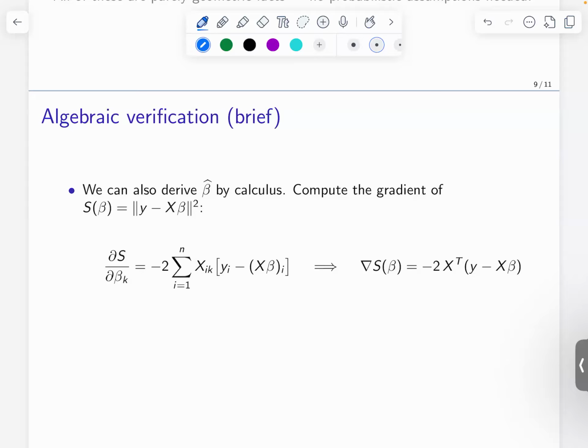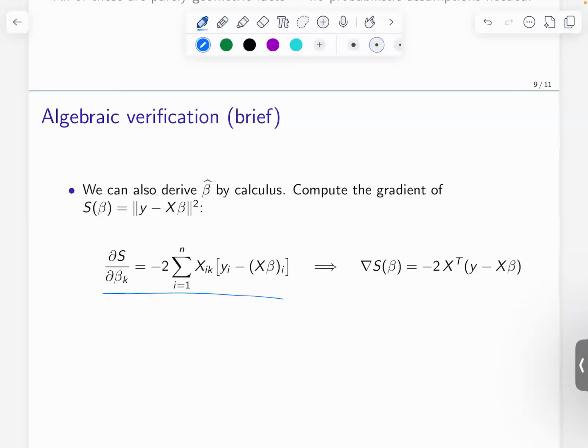How do you minimize a differentiable function? Take the derivative and set it equal to 0. That's the usual thing that people do. If you take the derivative with respect to beta k, a generic element of beta, I'll let you figure it out. It would look like this.